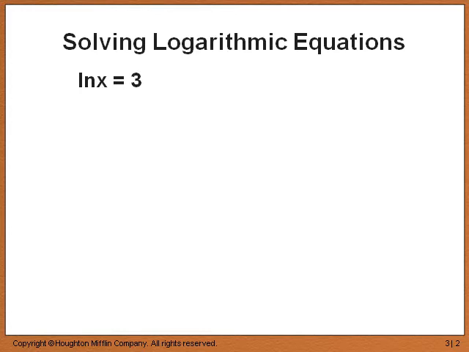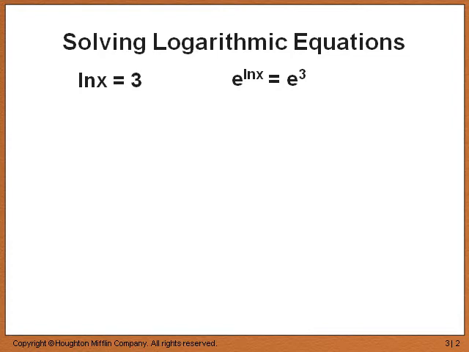ln x equals 3. Okay, well, we know that we want to get x by itself because we're solving for x. And the way to do this is we use e as a base and raise it to ln x, and we use e as a base and raise it to 3.